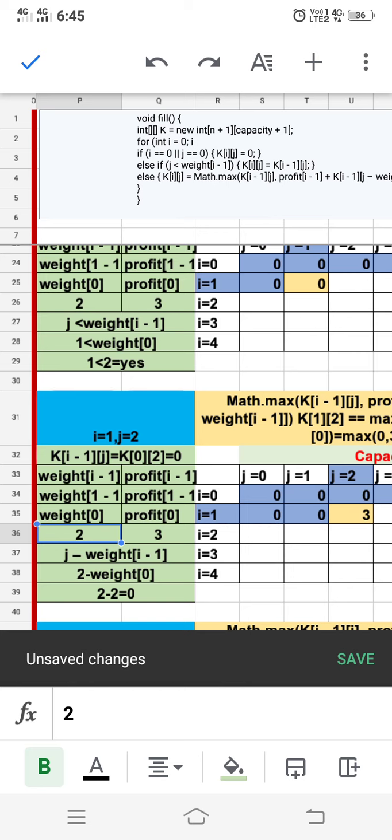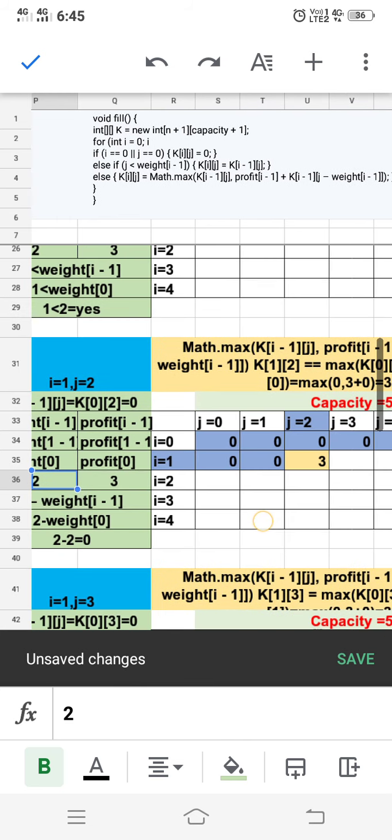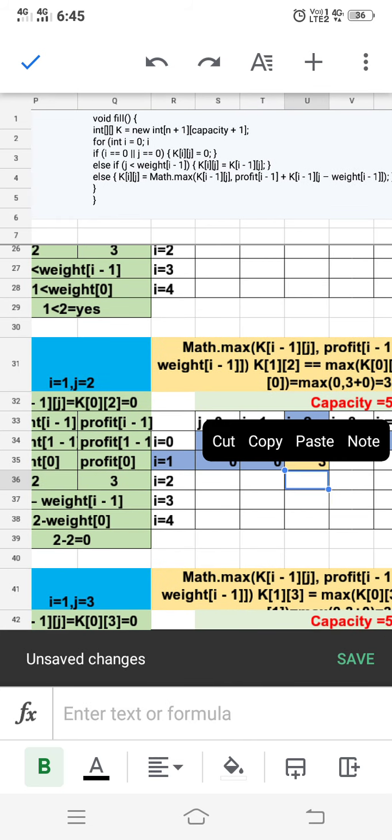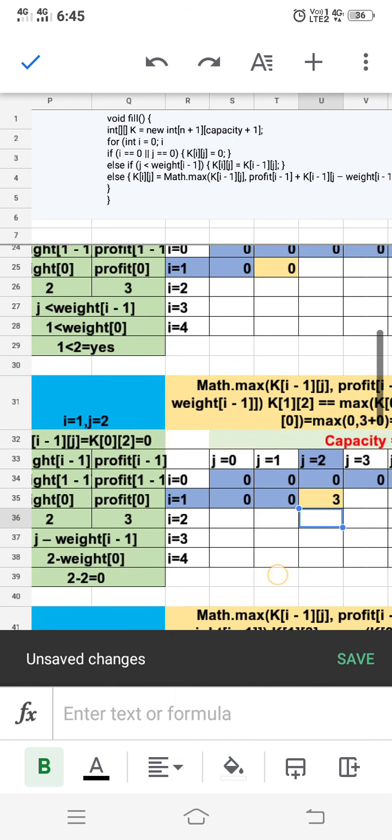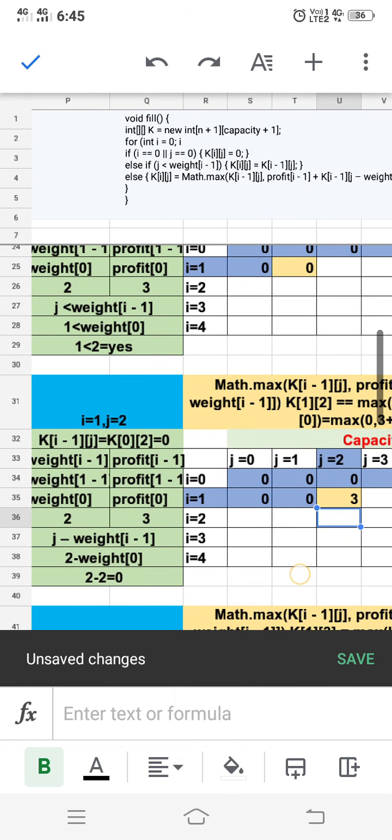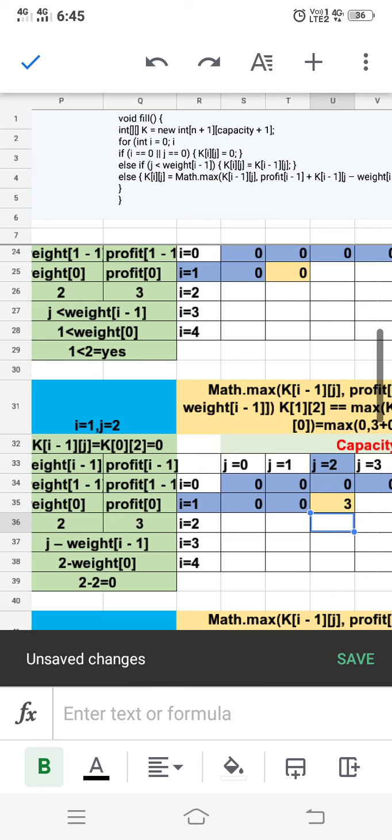So the next part of the recursive formula will be executed, that is I am finding the maximum value. The maximum value for this current object 1, its profit is 3, plus I will be adding the other profit also along with the current object profit.